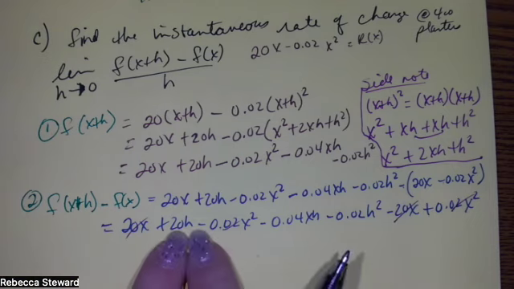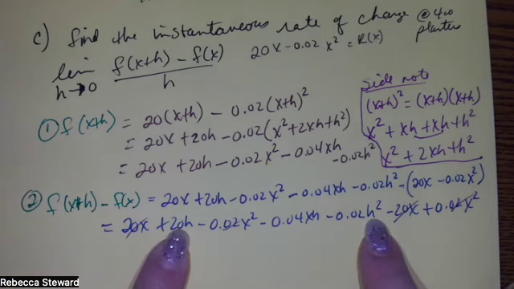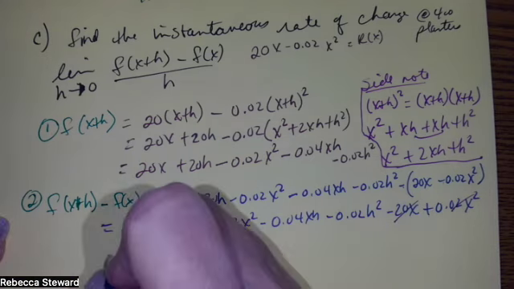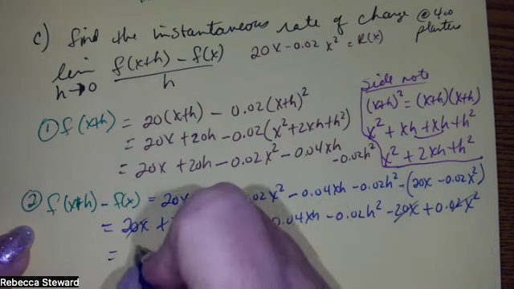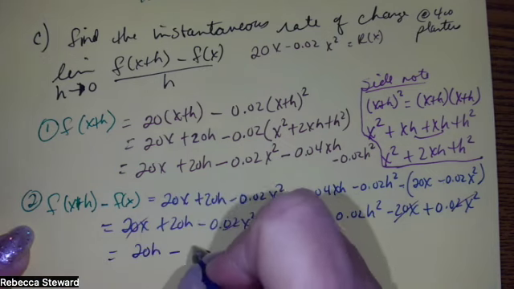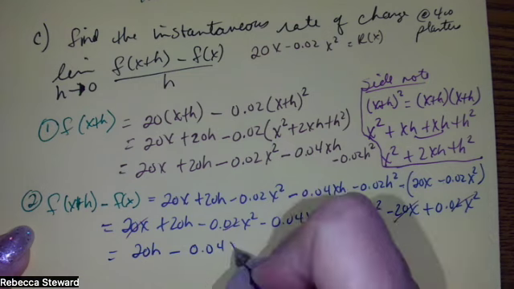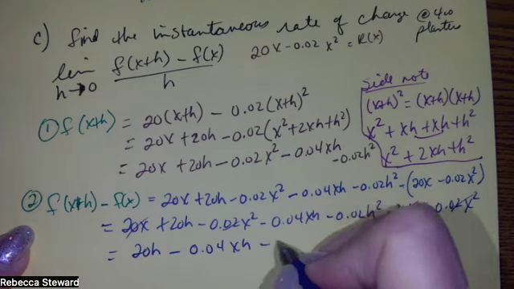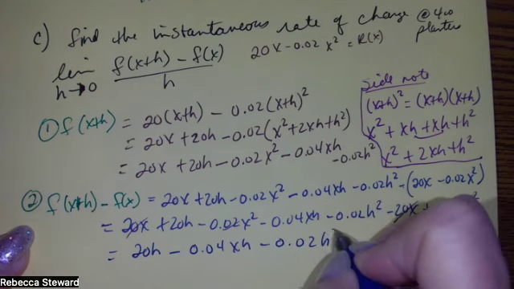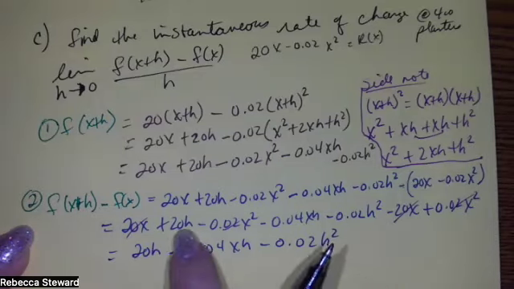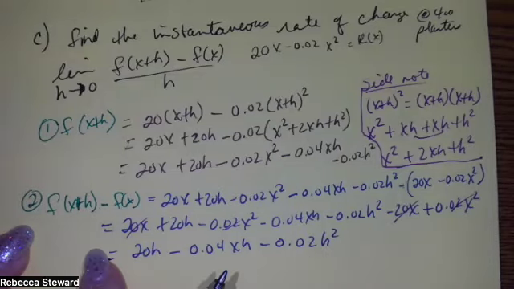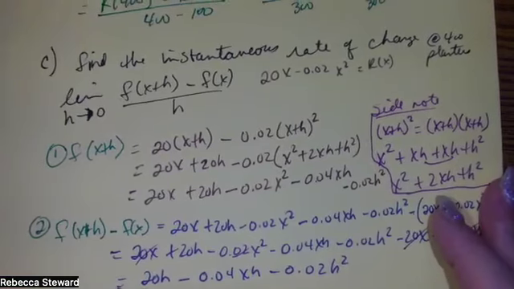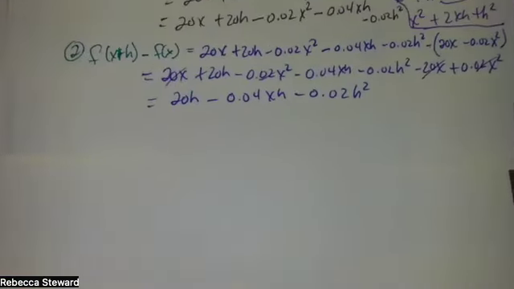So the terms that we're left with all have h's. So this will leave us with 20h minus 0.04xh minus 0.02h squared. So these 1, 2, 3 terms. So that is that part. Now we're going to go do our next part.